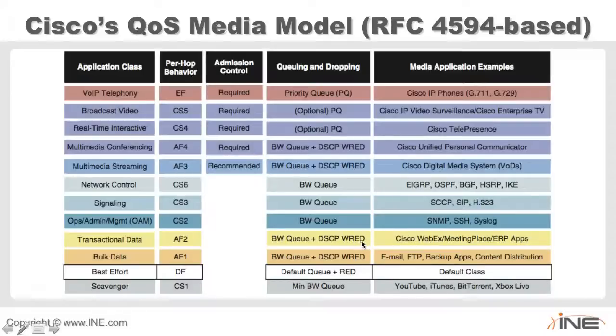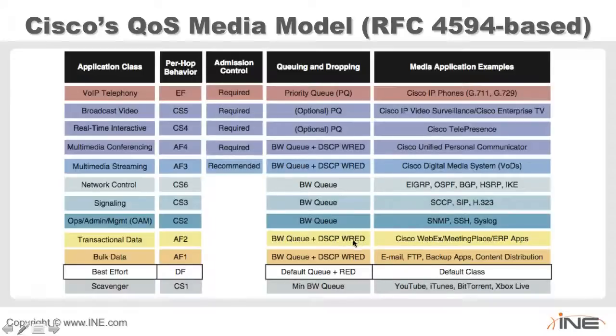It's up to you. Maybe you've got 3 different types of transactional data, and one of them, AF21, is going to be more important that you don't drop it than AF22, a second class within that transactional data, and AF23, which is going to be more likely to be dropped. So you configure your DSCP-based dropping mechanism, your weighted random early dropping or discard, to drop AF23 faster than it drops AF22 and faster than it drops AF21.